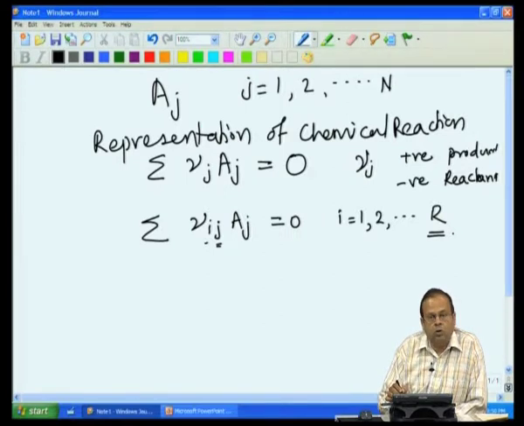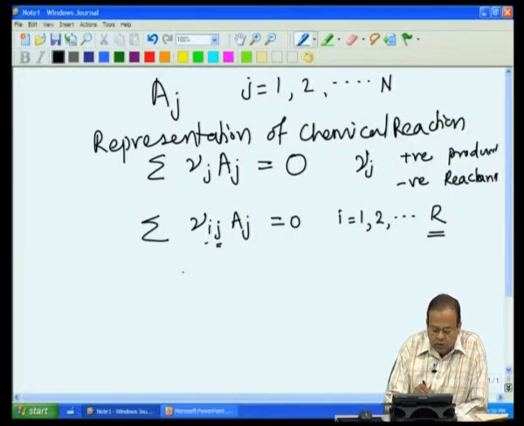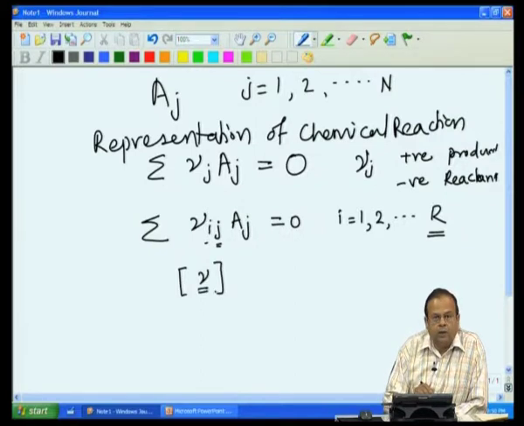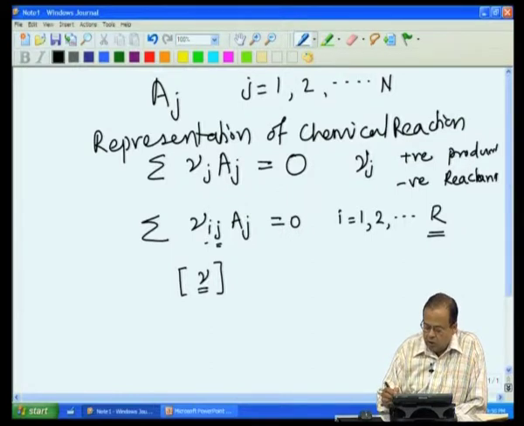So, we eliminate all those, and how do we do that? We look at the rank of the stoichiometric matrix nu bar, and that rank tells me how many independent reactions are in my system. So, this was about how we represented the reaction.